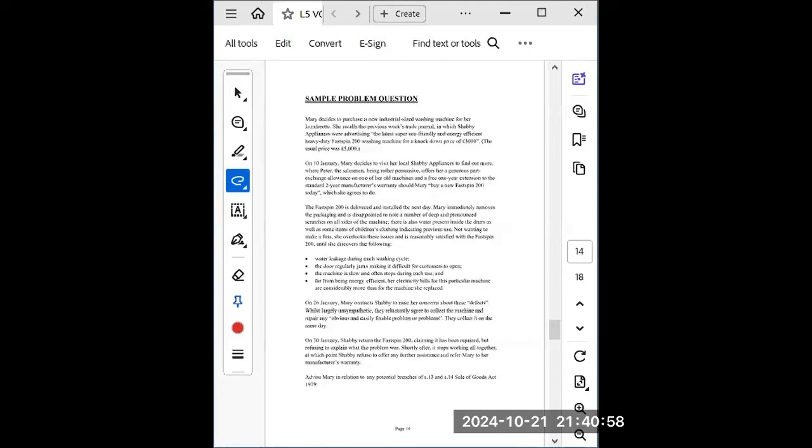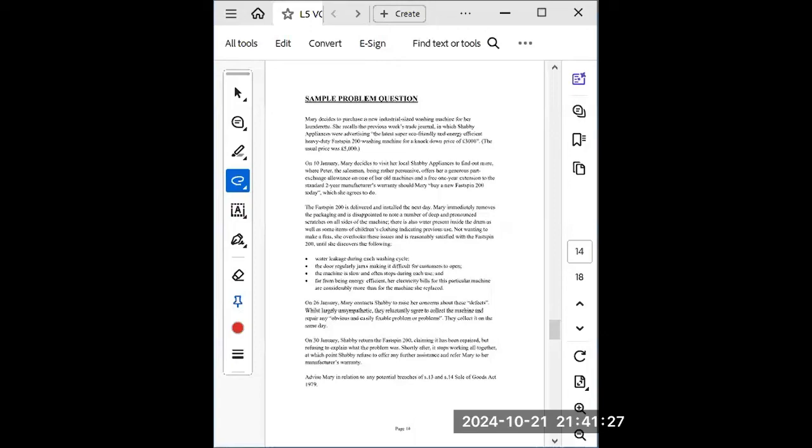Mary decides to purchase a new industrial-sized washing machine for her laundrette. She recalls the previous week's trade journal in which Shabby Appliances were advertising the latest super eco-friendly and energy-efficient heavy-duty fast spin 200 washing machine for a knockdown price of £3,000. The usual price was £5,000.